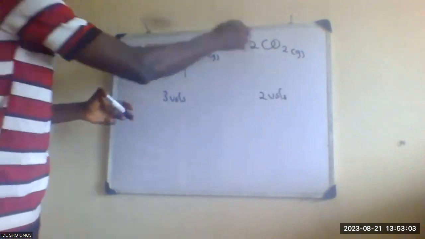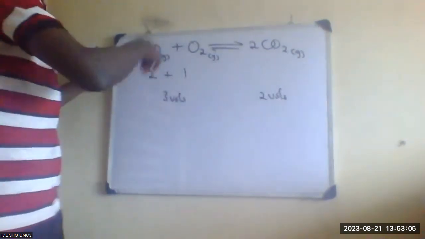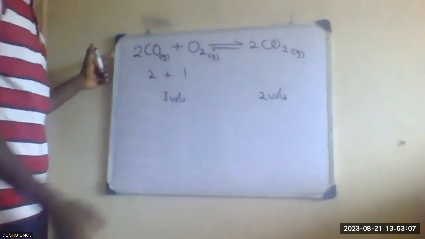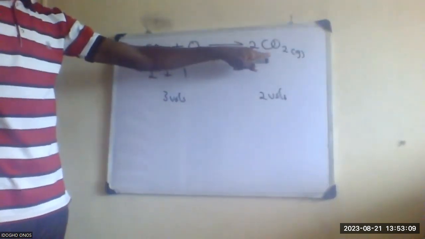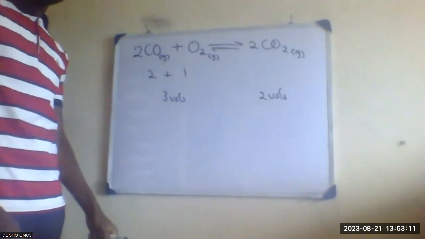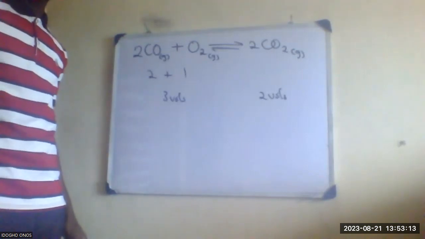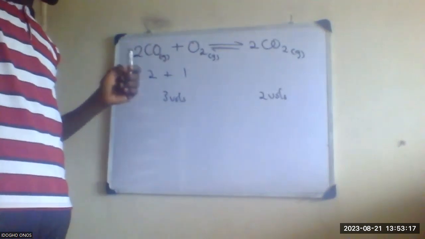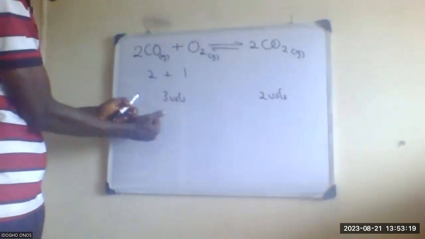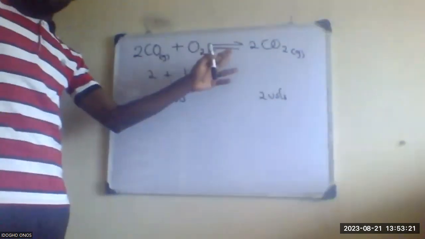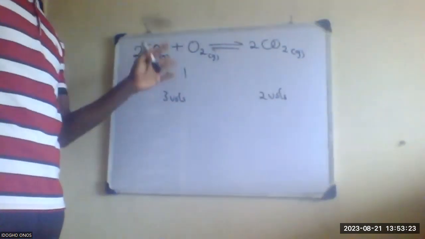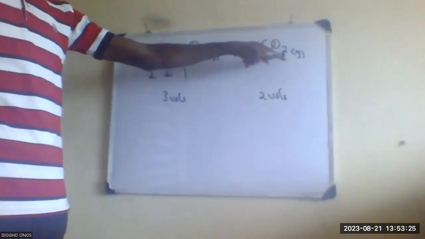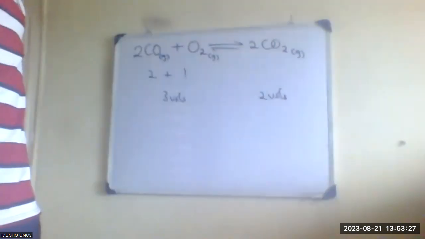And the right has a smaller volume. So it will shift equilibrium position to the right, leading to more production of CO2. While a decrease in pressure will shift the equilibrium position to the left, favoring the backward reaction and leading to lesser production of CO2.